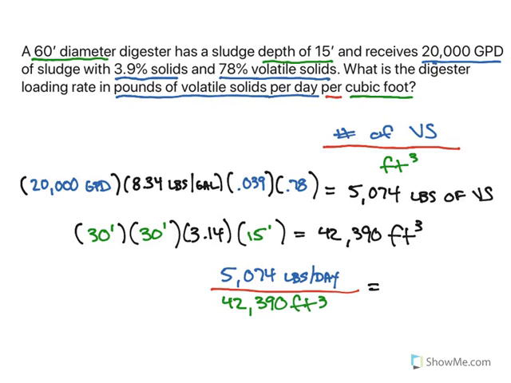And we divide that out. 5,074 divided by 42,390 equals just about 0.12. So 0.12 pounds per day per cubic foot. So that is how you do that problem.